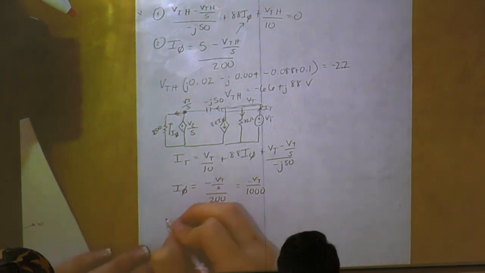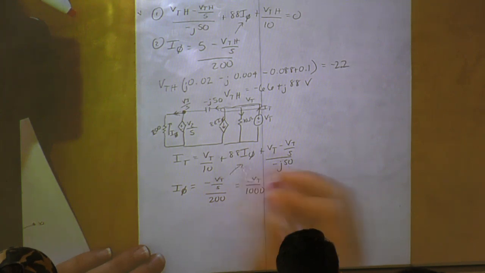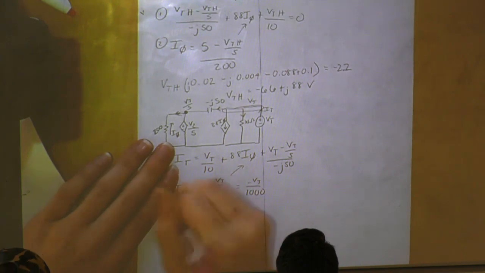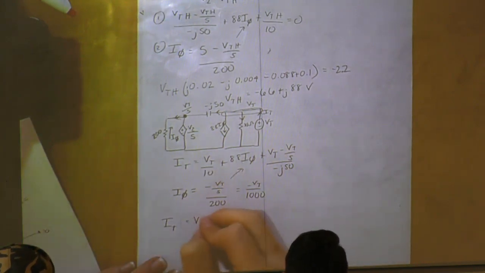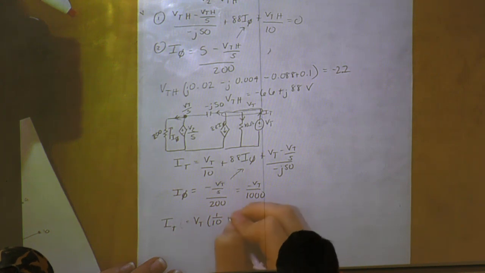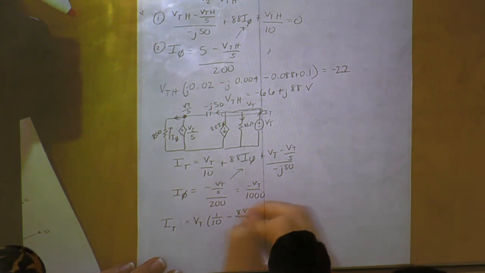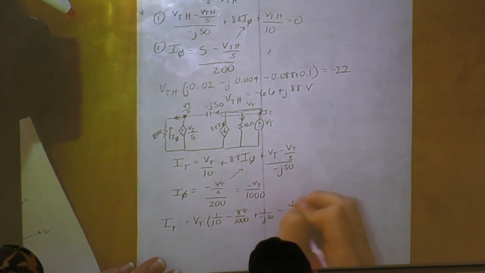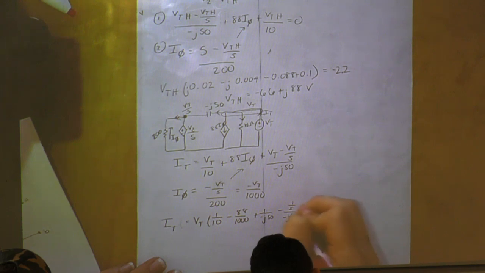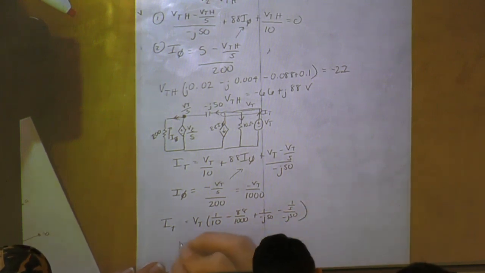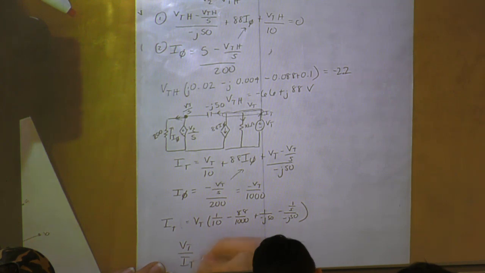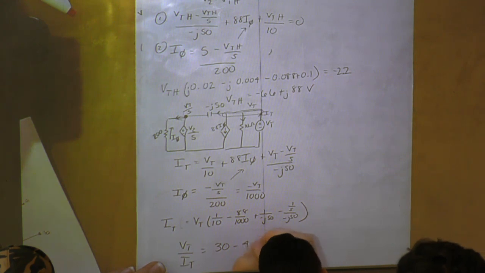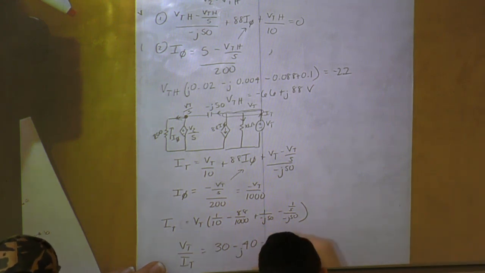So when you solve for IT into here, you should get the final ratio, 1000 plus 1 over negative J50 plus 1 over 5 all over J50, for VT over IT equals RTH.